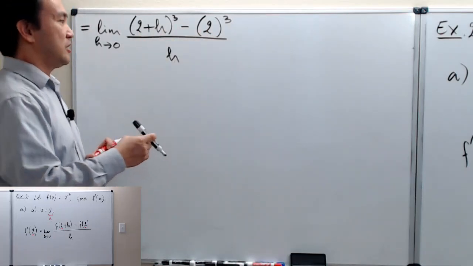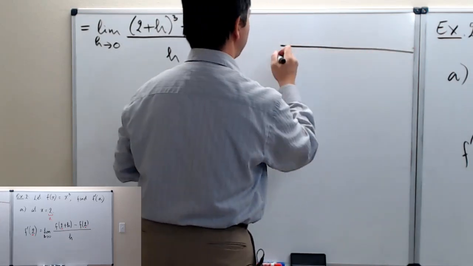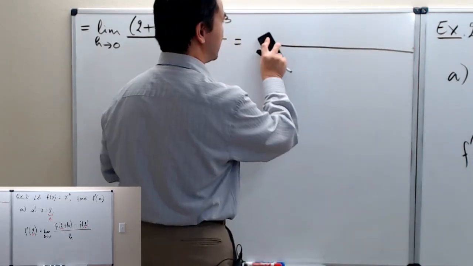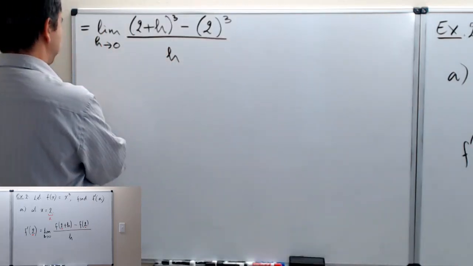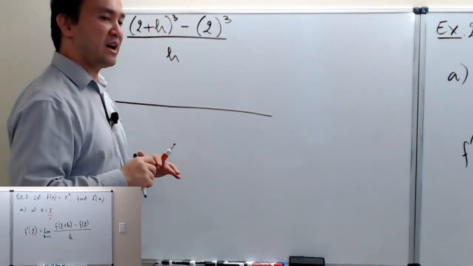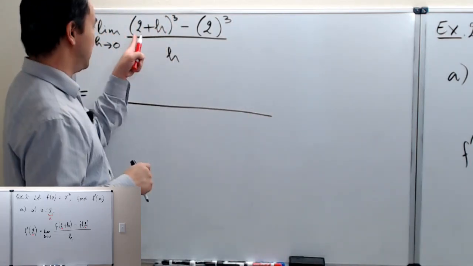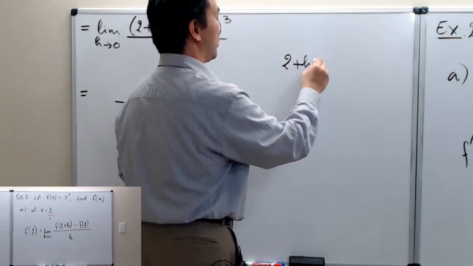Okay, and so I should save the next step for the next line right here. At this point I have a high recommendation: this 2 plus h right here, we definitely have to expand it out.